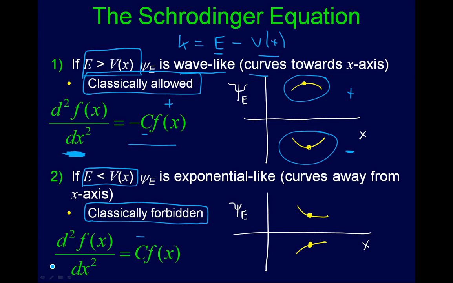In terms of our concavity, if you've got a positive function, then the concavity is going to be positive, or concave up. And if it's negative, it's going to be concave down. So it's always curving away from the x-axis, which is another way to view this exponential-like solution.